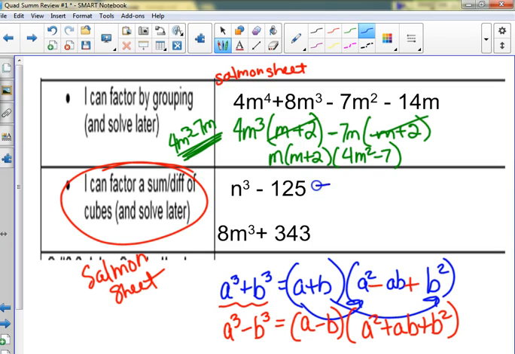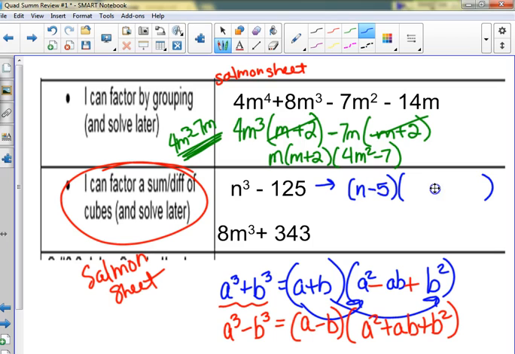Okay, how does this first one factor? What's the cube root of each of those? n and 5, but it had what in the middle? Minus. So what are the signs going to be in the second one? You want to just do the signs first?